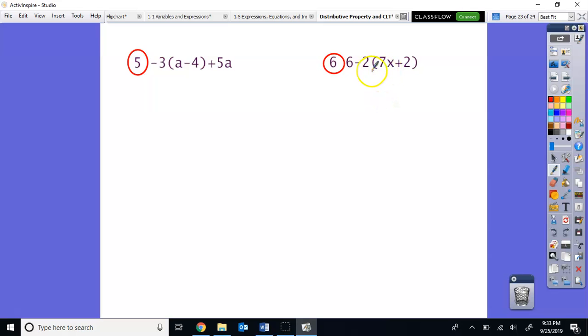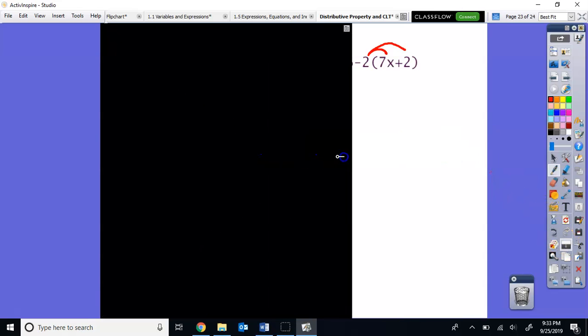The order of operations tells me I need to do my multiplying first. But also I need to be careful because it's not just 2 that I'm multiplying, but a negative 2. So what is negative 2 times 7x? That's negative 14x. Negative 2 times positive 2? That's negative 4. Again, you can use your calculator to help you with the numbers if you need to.